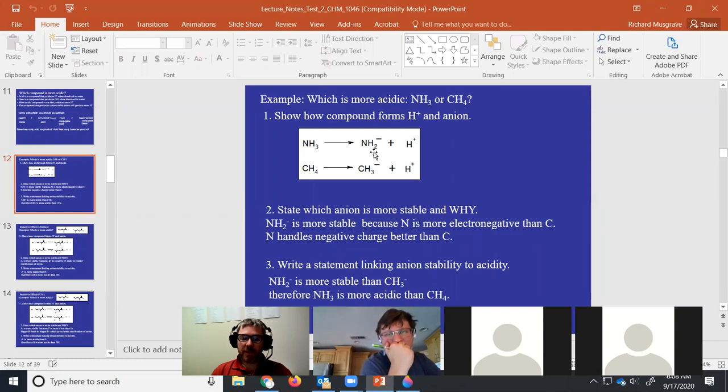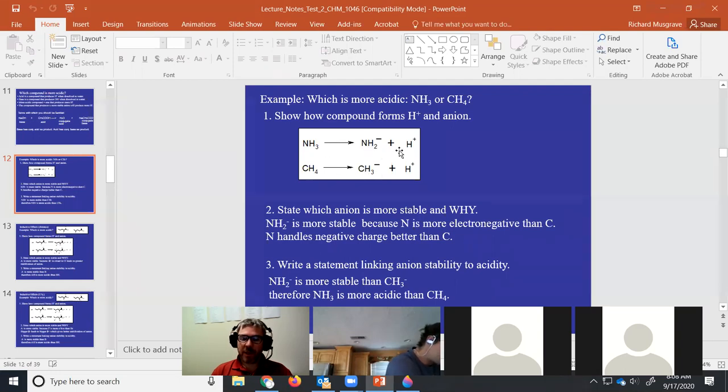So that means that something more electronegative will always stabilize negative charge better. So the whole premise of what we're talking about here revolves around the fact that NH2 minus is more stable than CH3 minus.